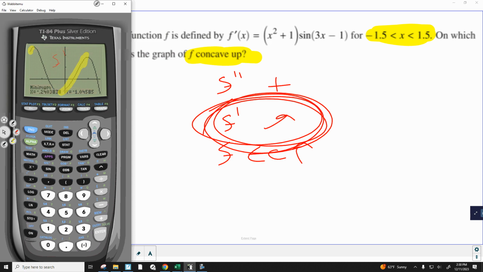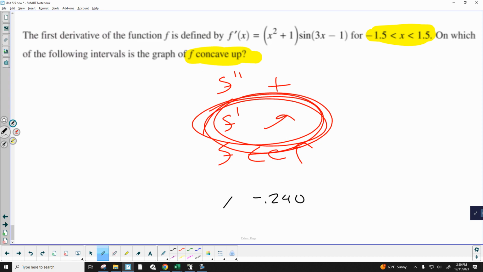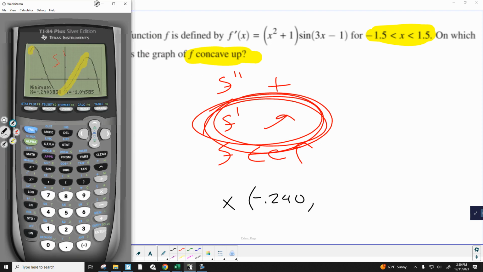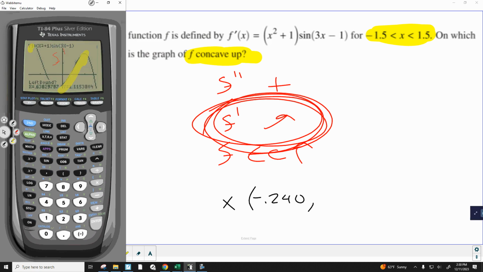Negative 0.240 to the location of the max, second calc max. So finding zeros, maxes and mins, solving equations, all things expected. Go to the left of the max, go to the right of the max.